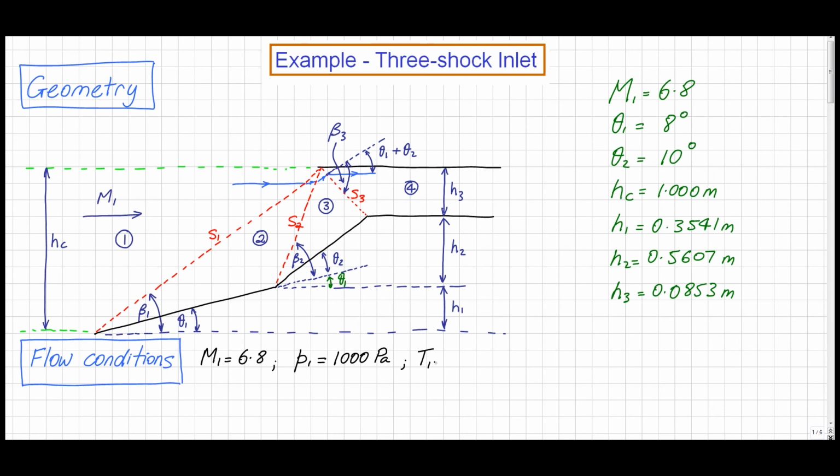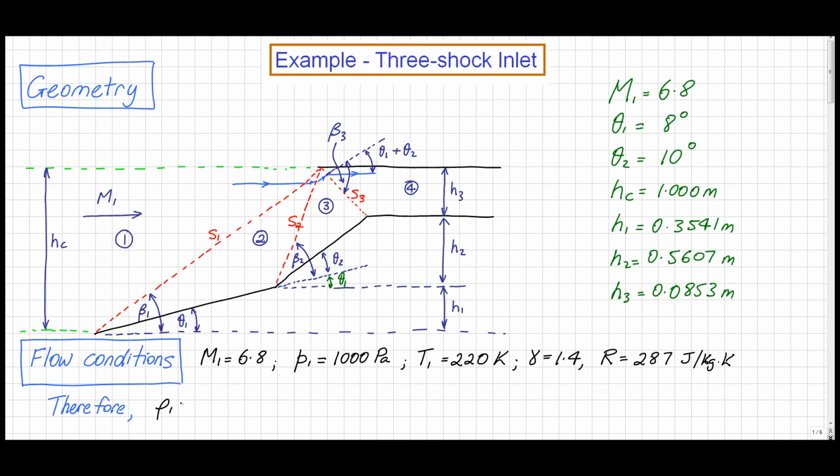We'll say that the static temperature at that altitude is around 220 Kelvin. And we'll say we've got air, so gamma is 1.4, and for air the gas constant R is 287 joules per kilogram Kelvin. So from those conditions we can calculate a few other parameters.